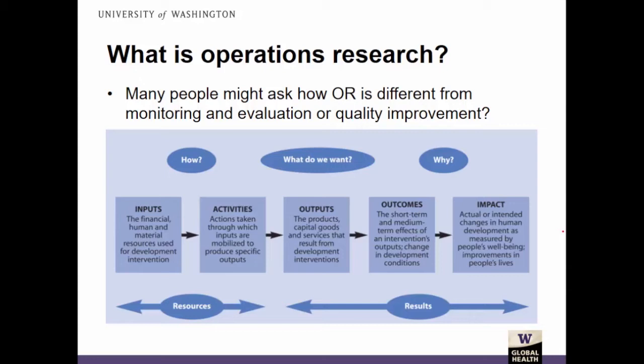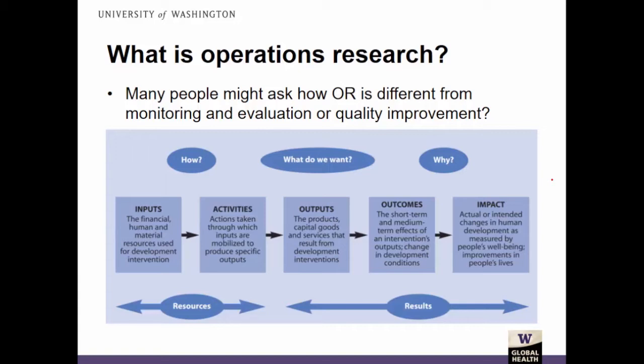So in a standard program logic model, as you see here, going from inputs, activities, outputs, outcomes to impact, often monitoring and evaluation focuses on tracking how well we're doing on inputs, activities, and outputs over time using monitoring. So we ensure our program is being implemented according to plan, and we troubleshoot any problems such as stockouts of medication or issues with human resources.